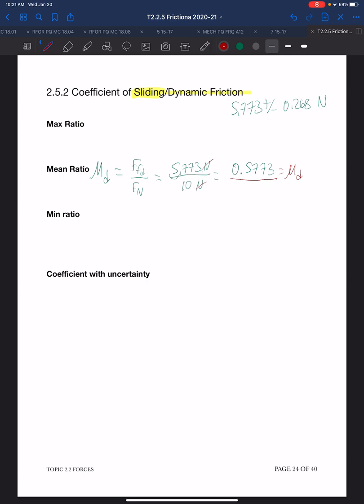If we were to calculate the upper limit, we would have mu dynamic, force of dynamic friction divided by the force normal, and it would be 5.773 plus 0.268, all over 10 newtons. And the minimum coefficient of friction, the force of dynamic friction over the force normal, would be 5.773 minus 0.268, all over 10.